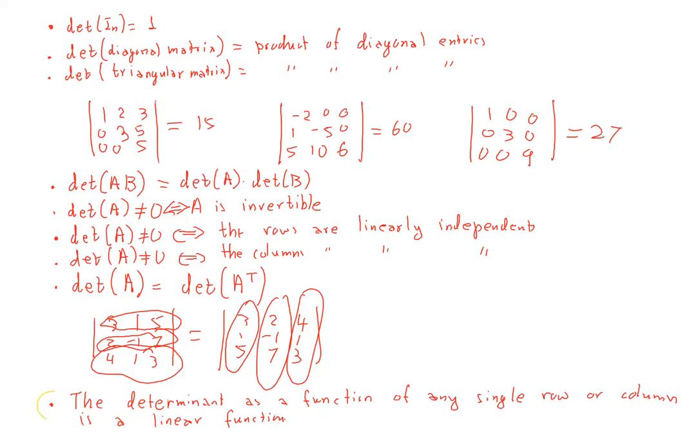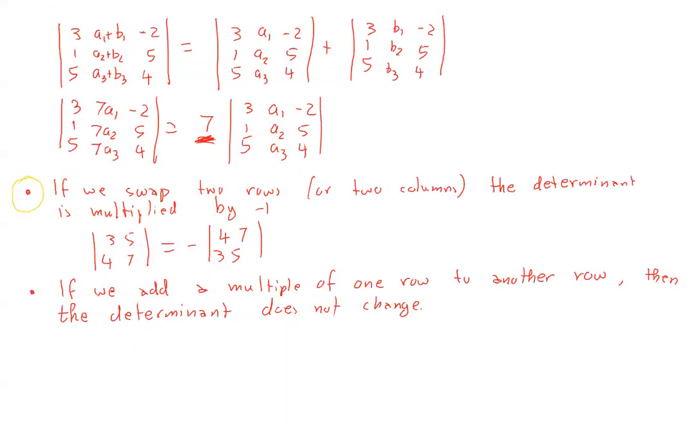This property, and this property imply everything else. Believe it or not, these three properties can give us everything else.